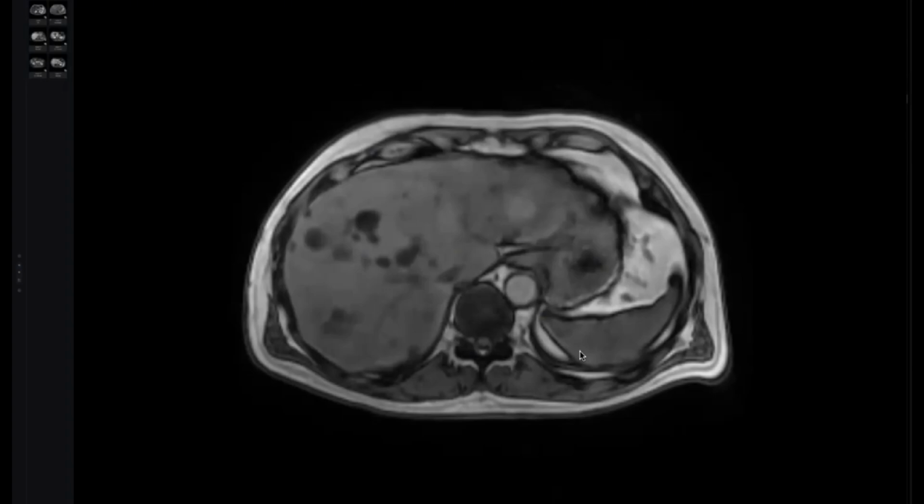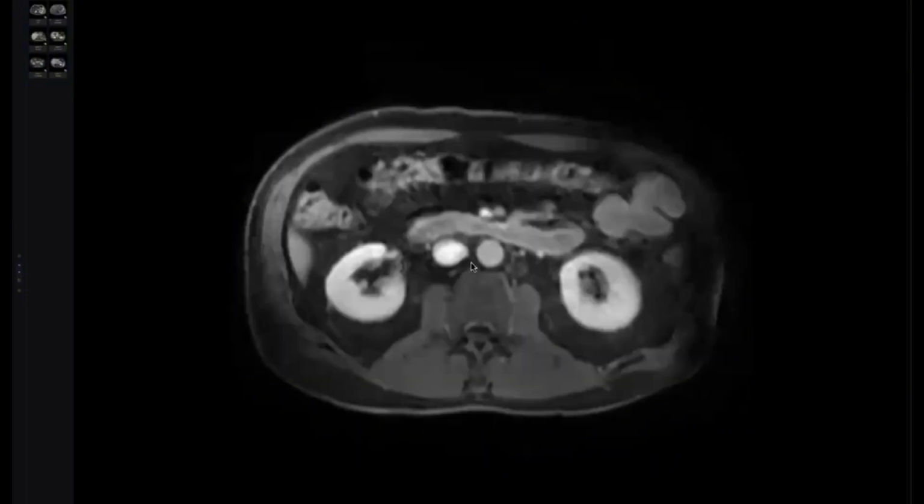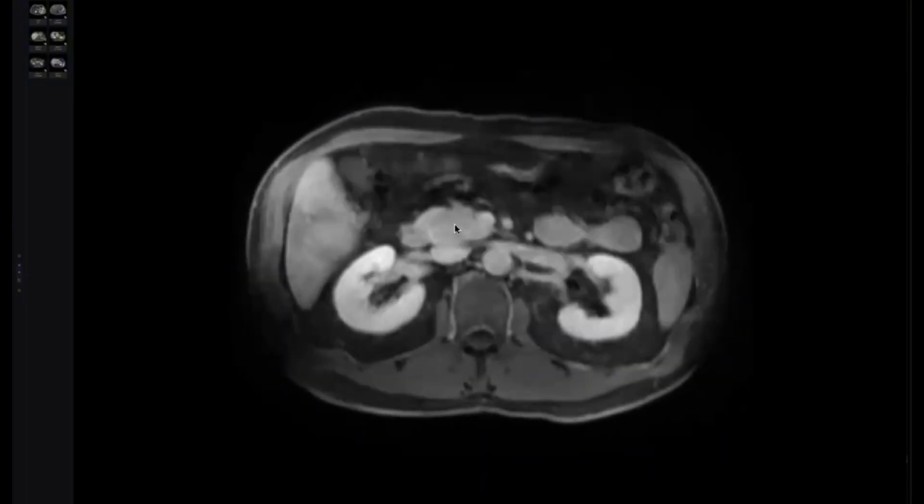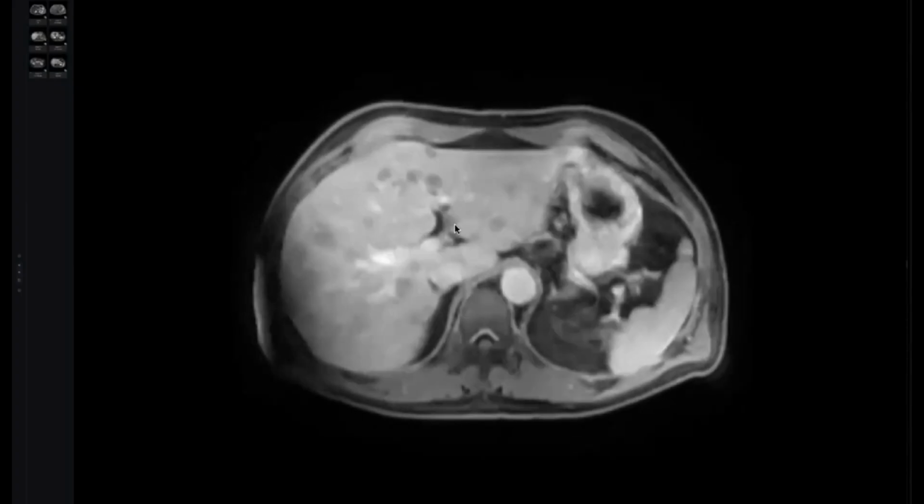Adenomas in the liver. Okay, but there is a very simple and very common diagnosis. Adenomas would not show this non-enhancement. Adenoma will be enhancing.